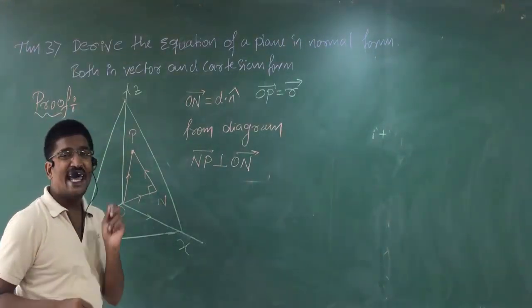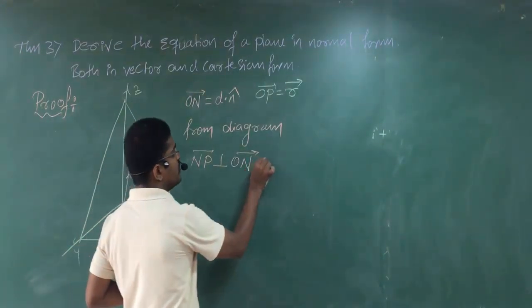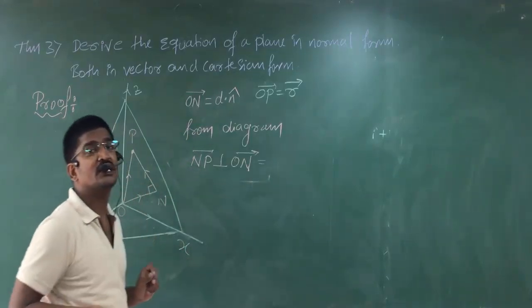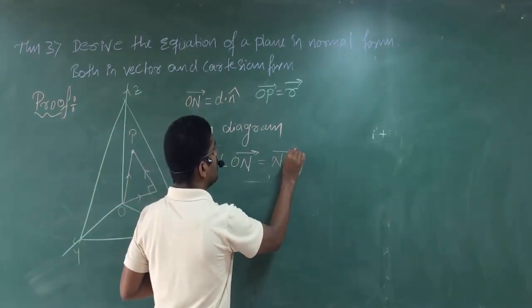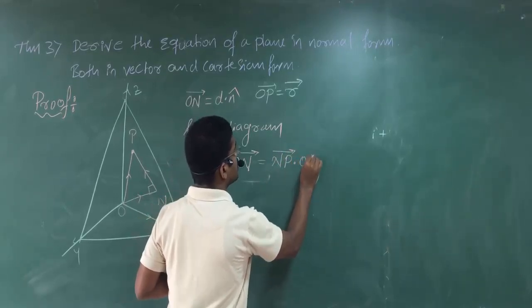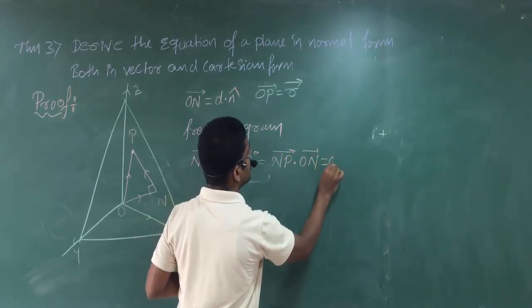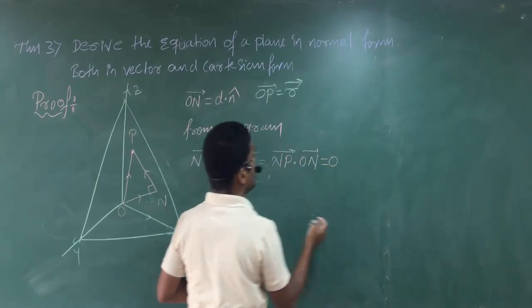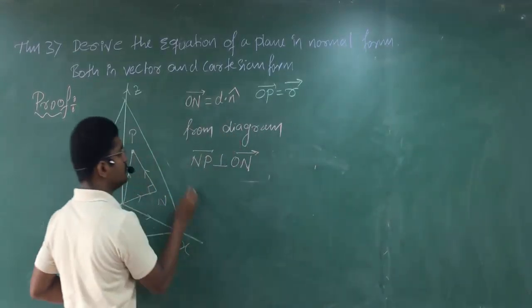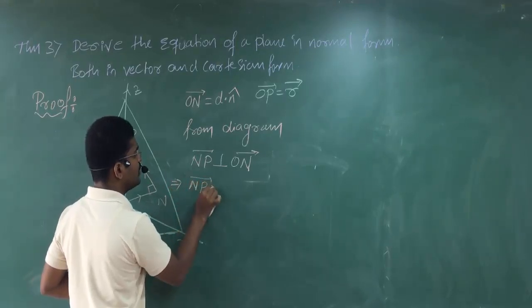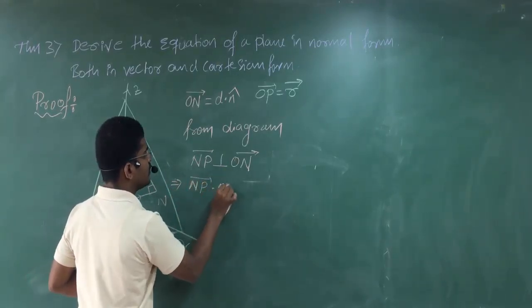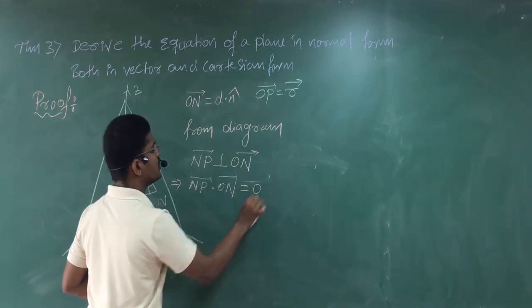So if two lines are perpendicular to each other, we know that their dot product must be 0. That means vector NP dot vector ON must be equal to 0. This implies vector NP dot vector ON is equal to 0.